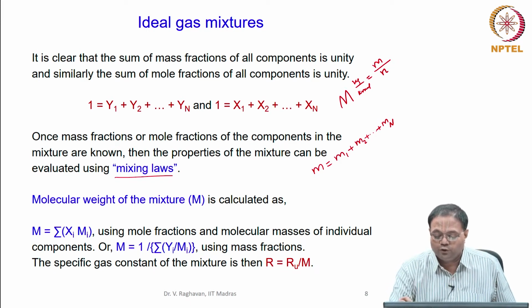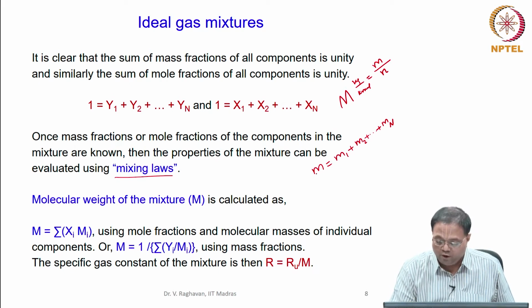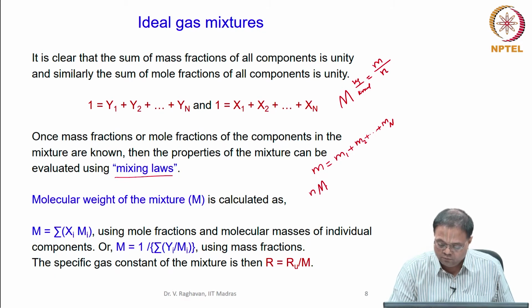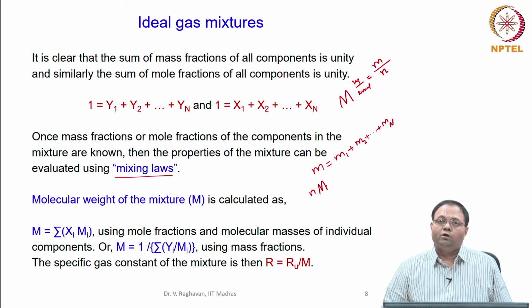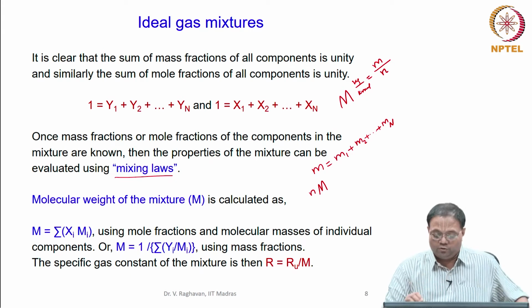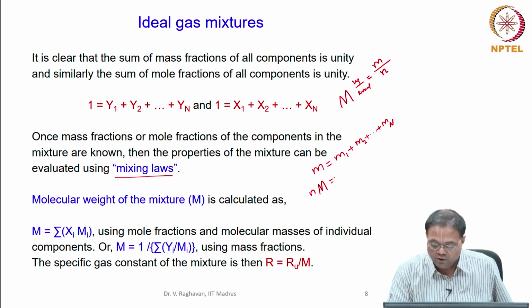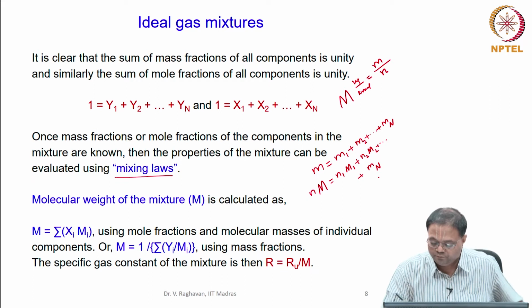So now I write mass in terms of moles, so I will write this as n into M. Capital M is the molecular mass, small m is the mass of the mixture. So here similarly write n1 M1 plus n2 M2 plus and so on to plus nN MN.